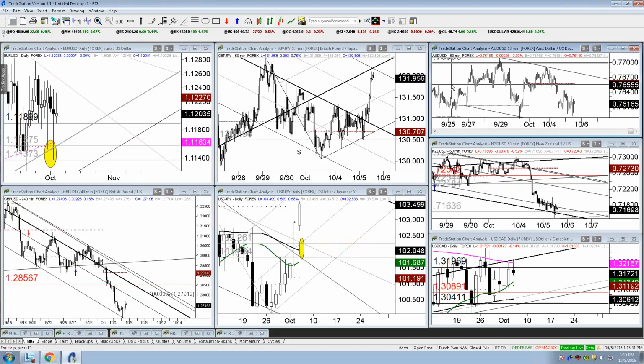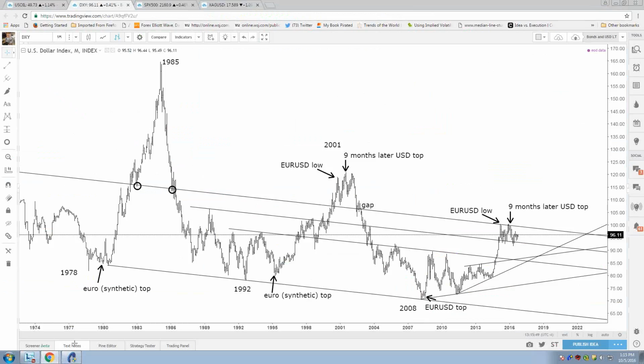Eventually, that's going to break, and it will probably be a violent break, given how many times it's been tested over the last several years. That level will give way. In the very short term interim, you probably do want to trade range, and here's why.